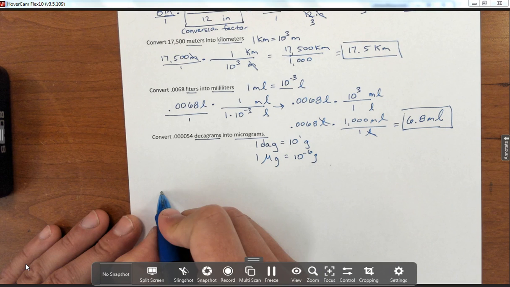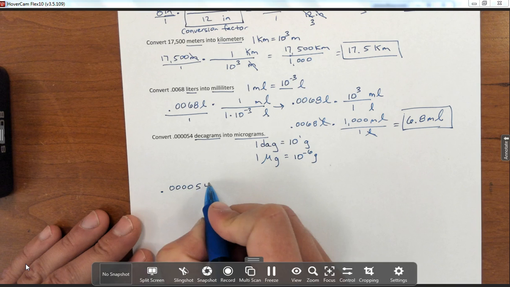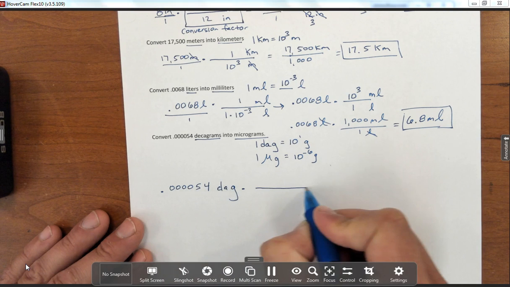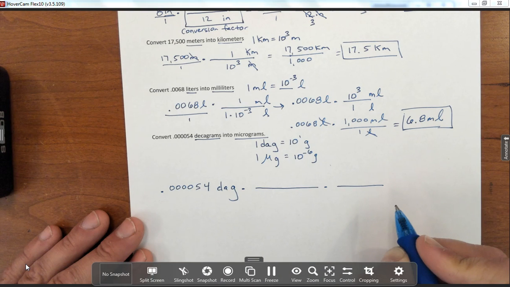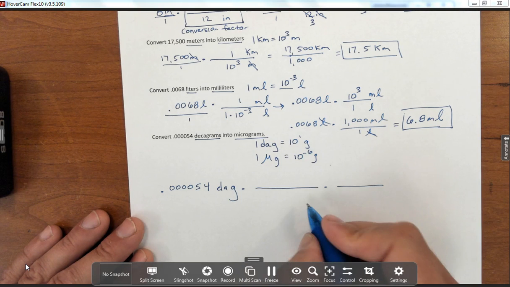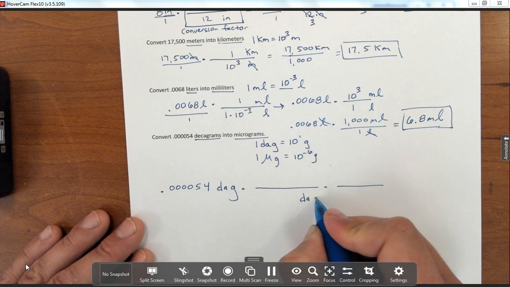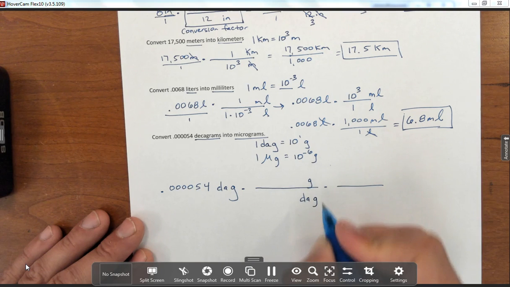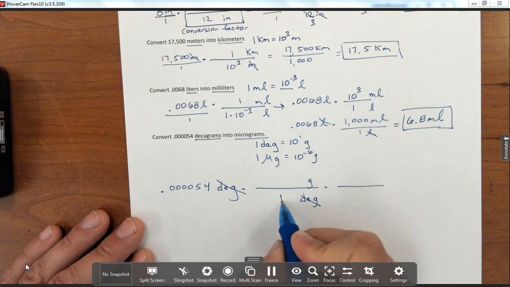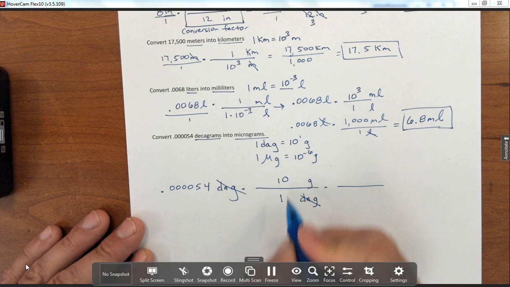Now let's write it out. 0.000054 decagrams. And all you're going to have to do this time is have 2 conversion factors. In the first one, we're going to use decagrams and grams. We're going to convert from decagrams to grams. So we've got decagrams on the bottom, so they cancel, and grams on top. The equivalency, 1 decagram was equal to 10 grams.